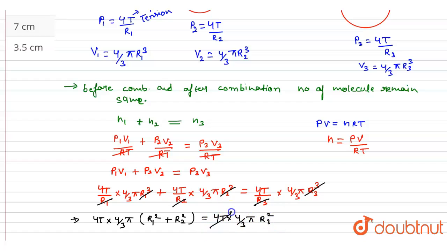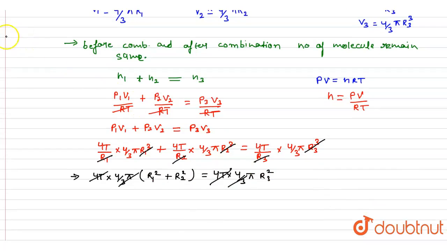You can easily see that 4T and 4 by 3 pi will cancel out. So finally we have the final equation R3 square is equal to R1 square plus R2 square.